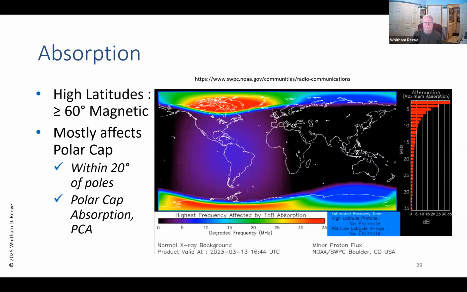And when this happens, it's called a polar cap absorption event, or a PCA. Even though Anchorage, the HAARP facility and these parts of Alaska are considered higher latitudes, solar energetic particle events are so rare, and even when they do occur, we may not even see them where we are at HAARP.